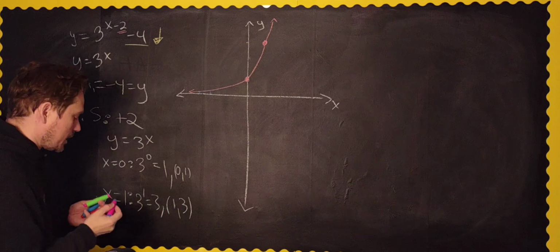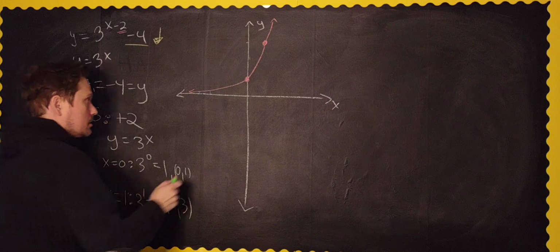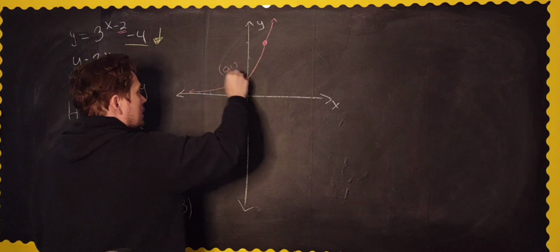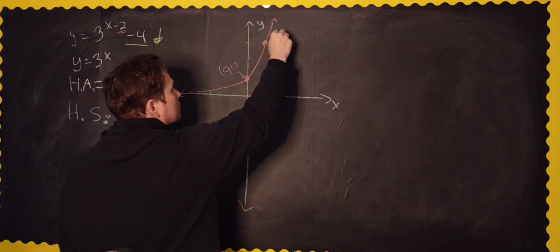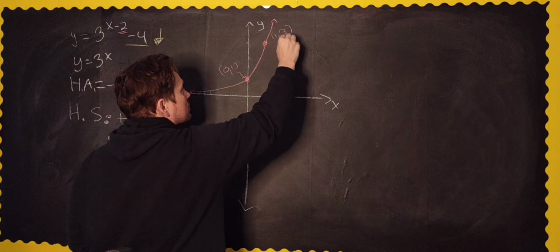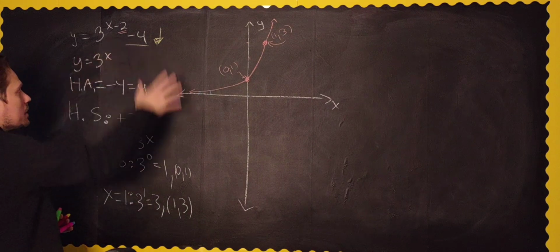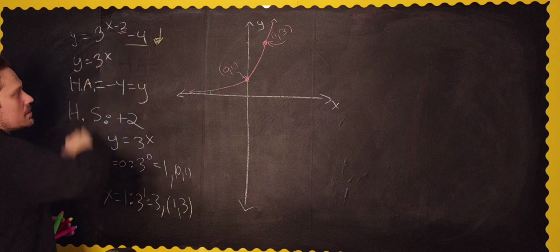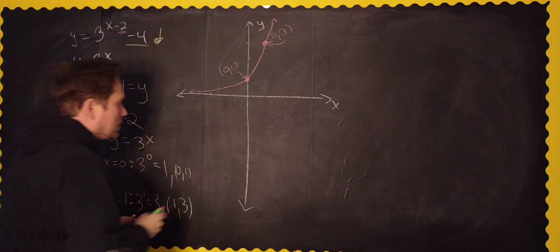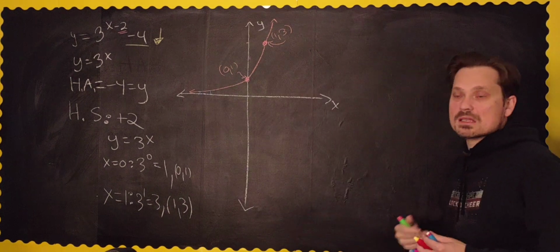Keep that in mind. So now, remember we have these points. 0, 1, that's this point here. And then also this other point, 1, comma 3, so that's this point right here. Now we're going to transform them according to this. The y you're going to decrease by 4 and x you're going to increase by 2. So let's carry this out on the side here, so we know what the new points are.